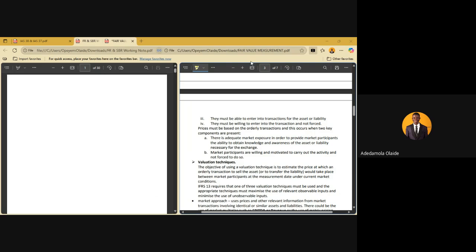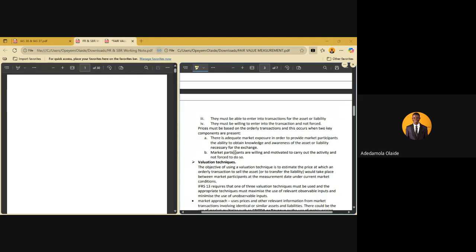Okay, so as I was saying, they must be willing to enter into the transaction and not be forced. Now, for prices to be based on an orderly transaction, two things must be present.